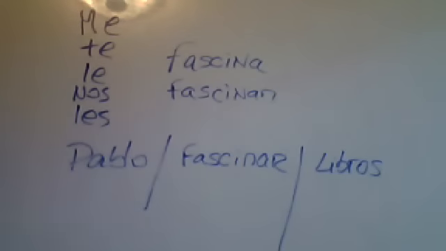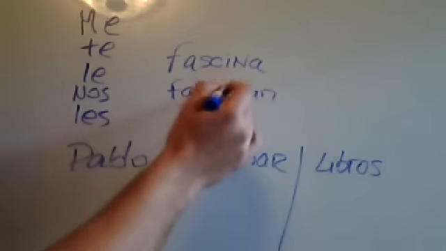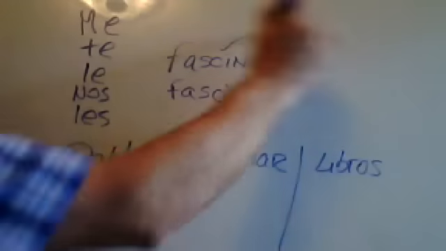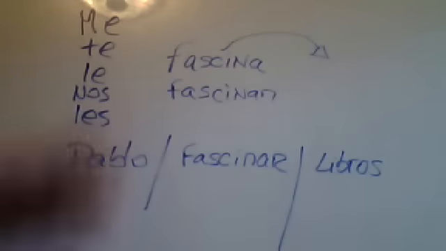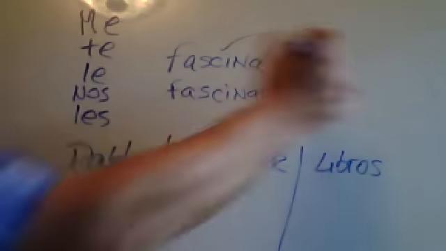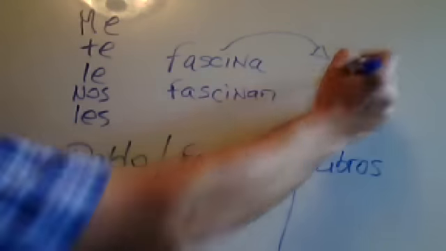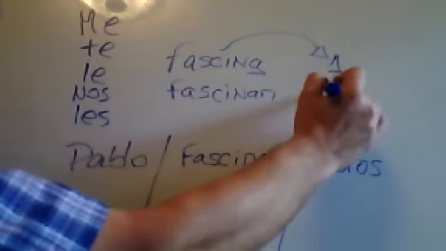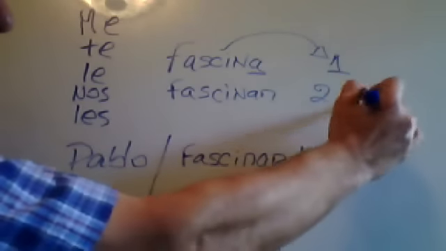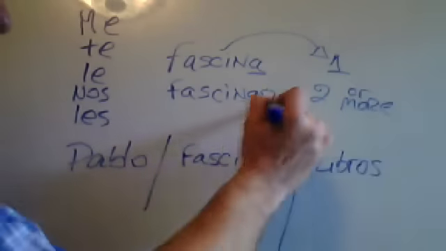Now, the conjugation I will use will be according to how many objects I like or dislike or are fascinated to me or not. If it's only one, I will use fascina, the ending a. If it's two or more, I will use fascinan.